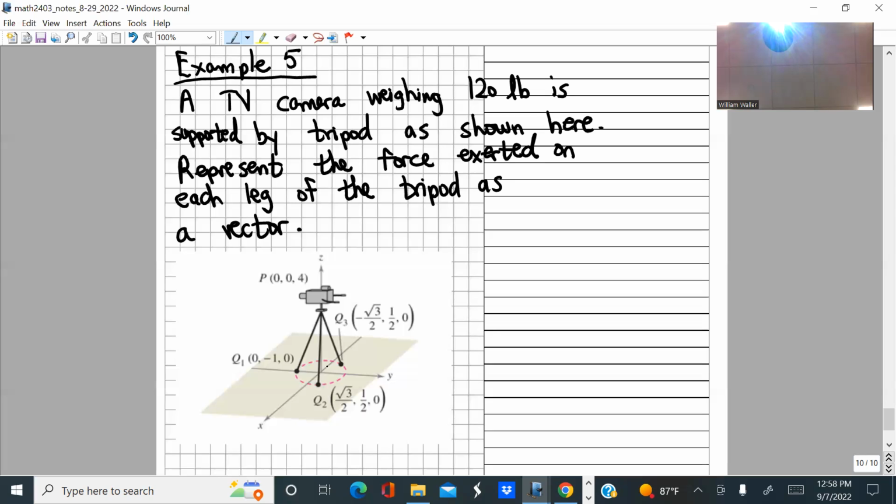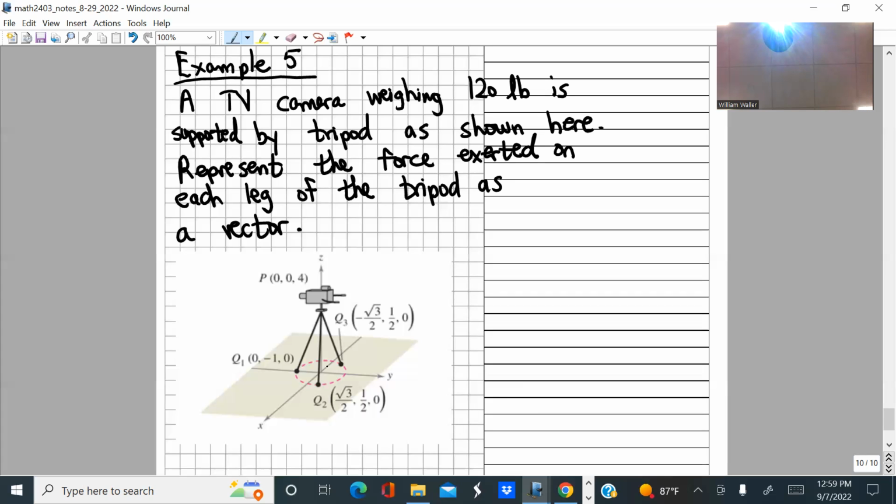Let's write a vector that represents the gravity force that's acting on the camera, pulling the camera down, not the forces on the individual legs of the tripod.